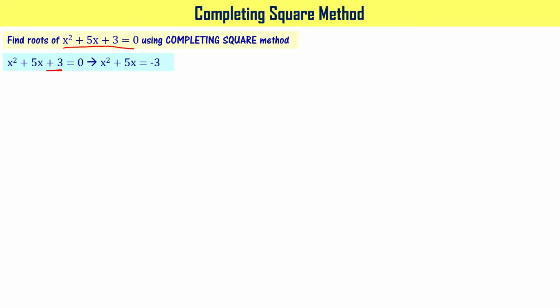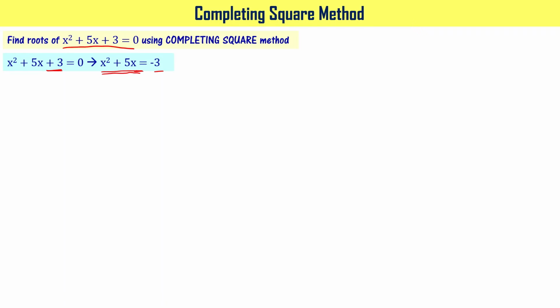The whole idea here is we want to find some number which is to be added to both the sides of the equation such that the left hand side part of the equation becomes a complete square, right? That is the whole idea of the completing square method. Now let's find what number to be added.